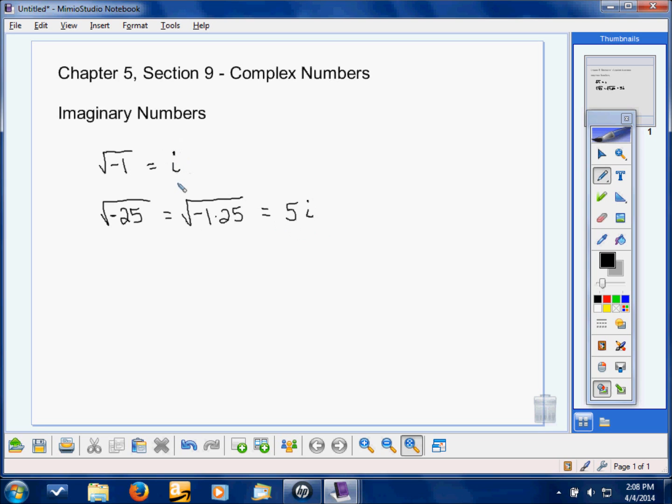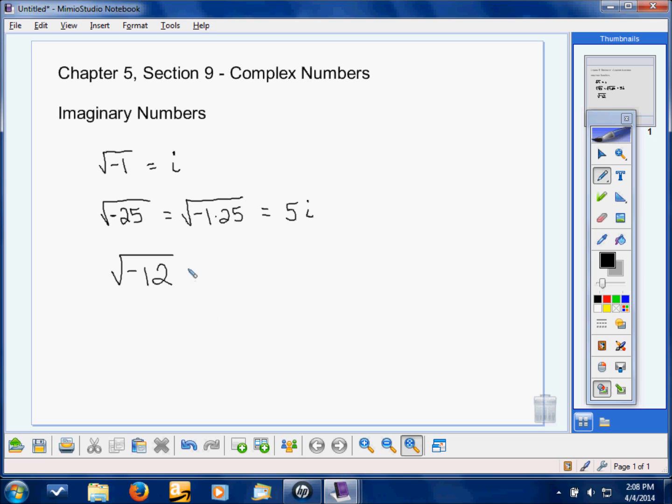In this one, there is none, so there's an understood 1 there. If we had something like the square root of -12, we know that there is an imaginary part. There's also going to be a real part, and there's also going to be a radical in this one.